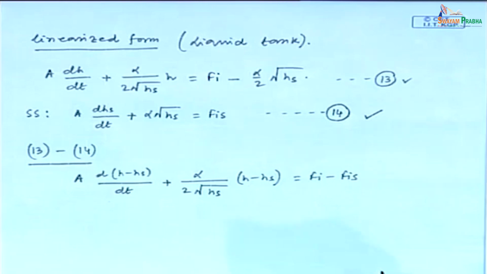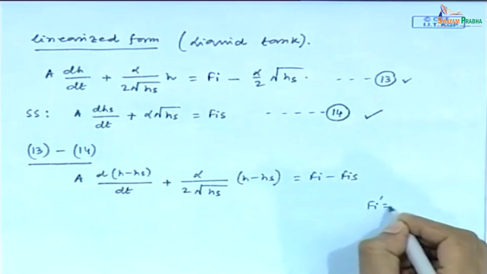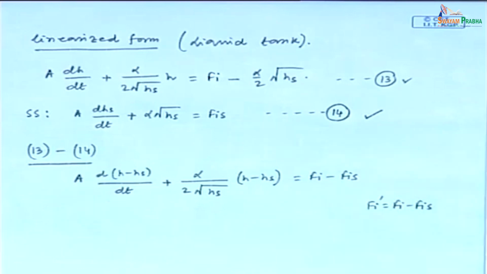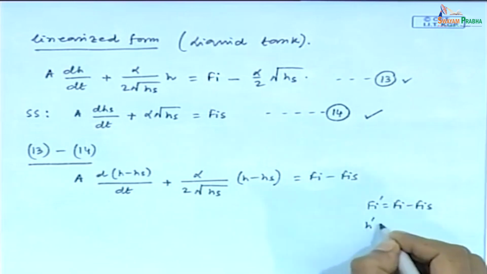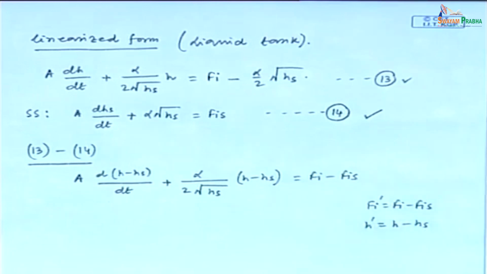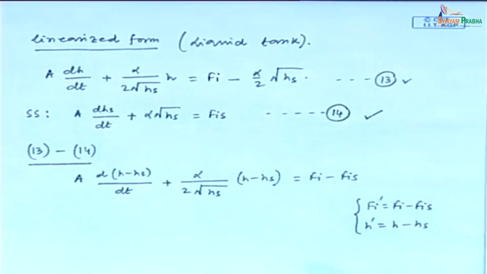Now, we will define two deviation variables. One is Fi prime, that is Fi minus Fis. Another deviation variable we will define is H prime equal to H minus Hs. These are the two deviation variables.